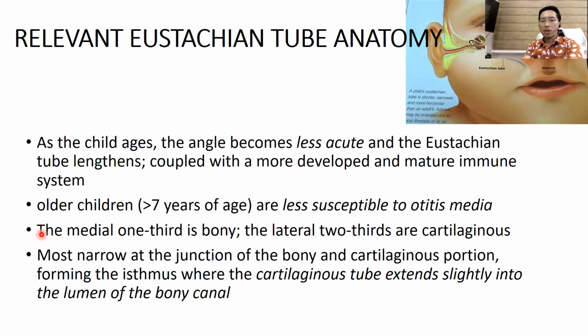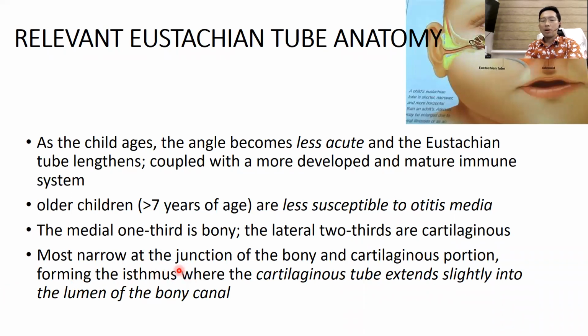So the basic anatomy of the eustachian tube is that the medial 1/3 is bony and the lateral 2/3 is cartilaginous. It is opposite to the external ear canal. Next, the eustachian tube is most narrow at the junction of the bony and cartilaginous portions, forming the isthmus.